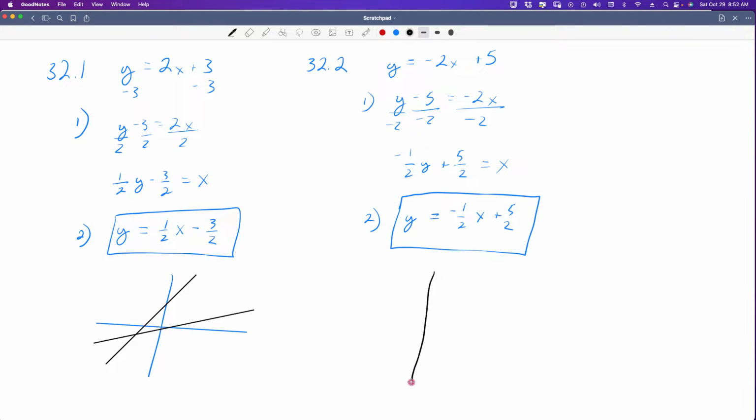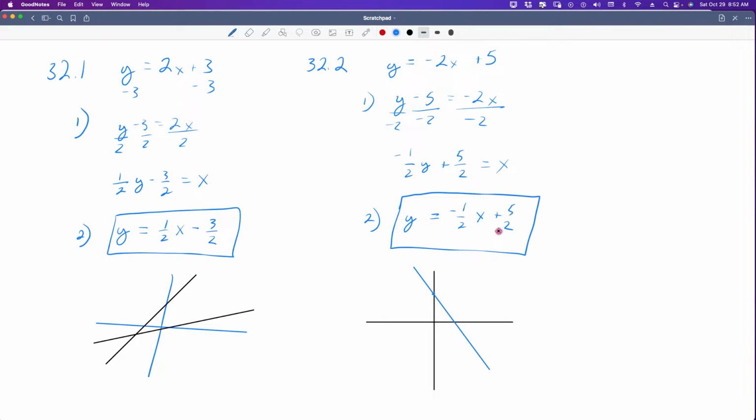I'll do it in black this time. Here's our system. Y equals negative 2x plus 5. If we were to do that, we would see it here where it would cross really high on the y-axis. That would be 5 right there. And then it would be at the positive 5 over 2, which is 2.5.